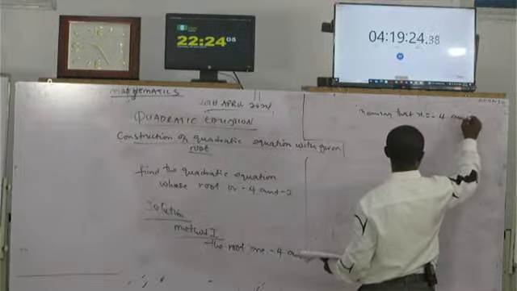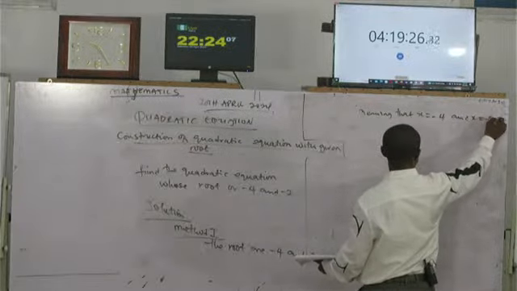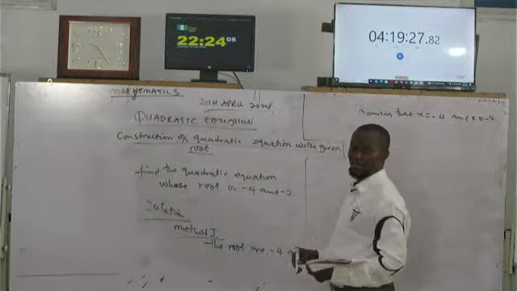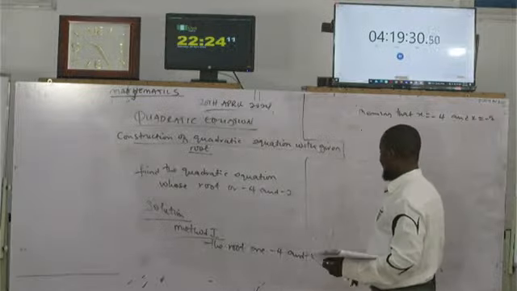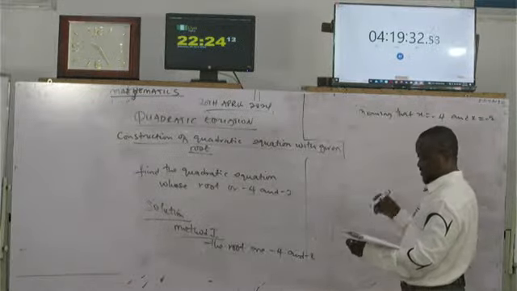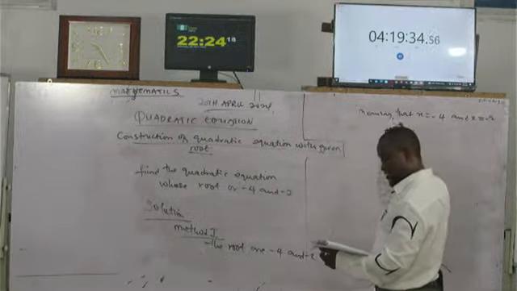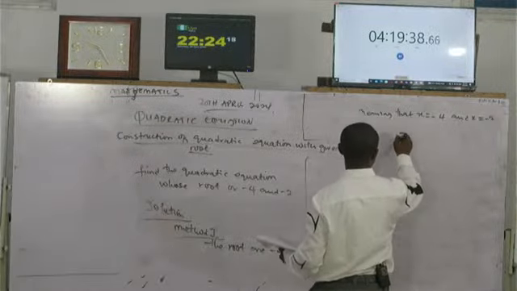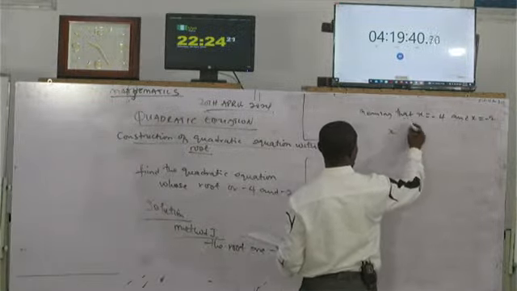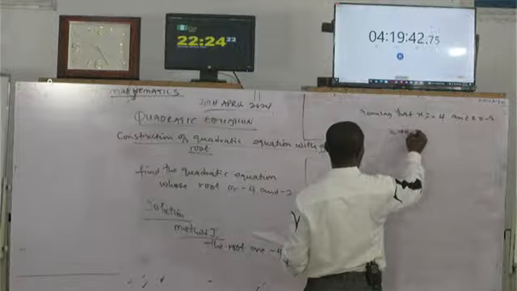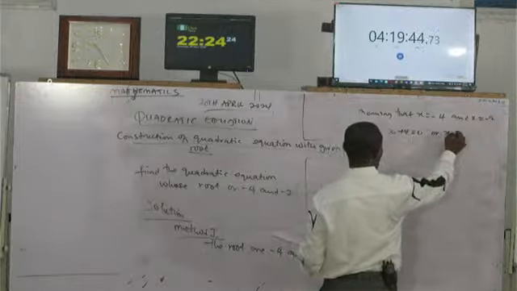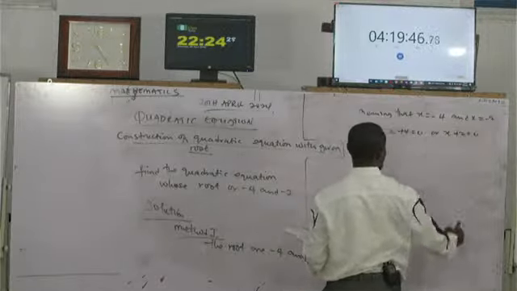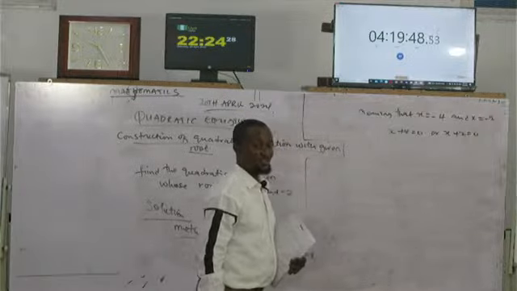x equals -4 and x equals -2. That's the meaning of this statement. It never means that x plus 4 equals 0 or x plus 2 equals 0 as one expression.